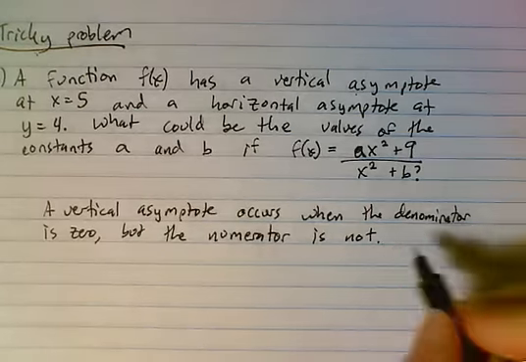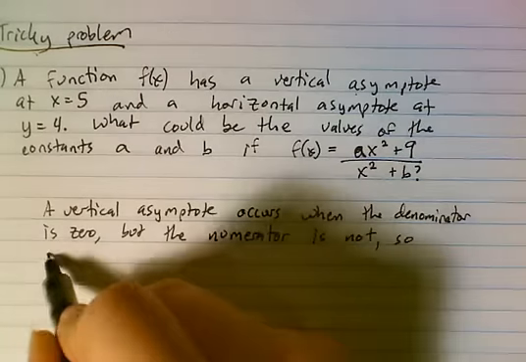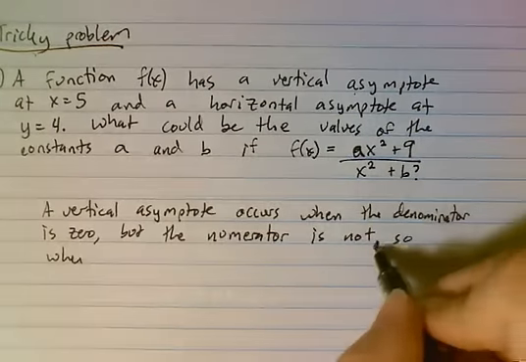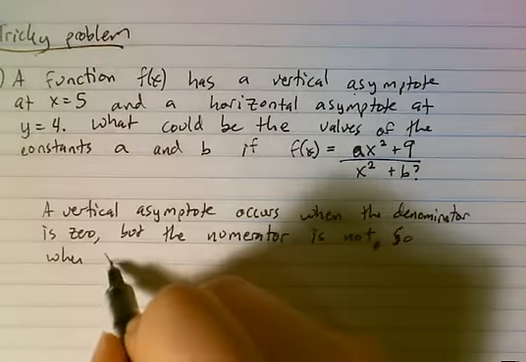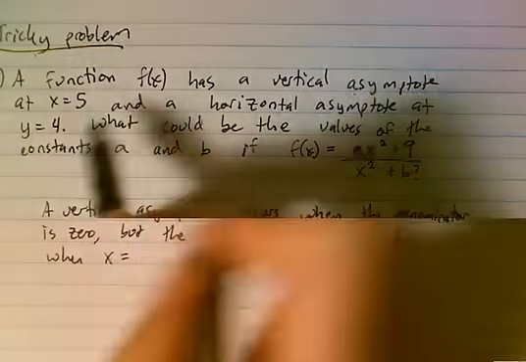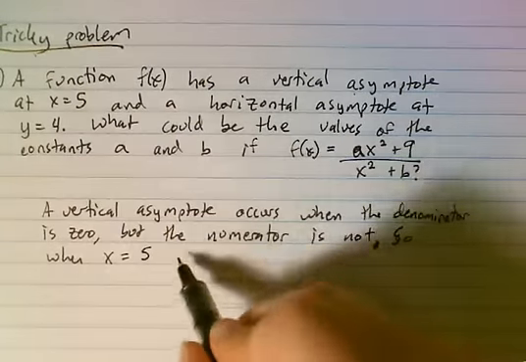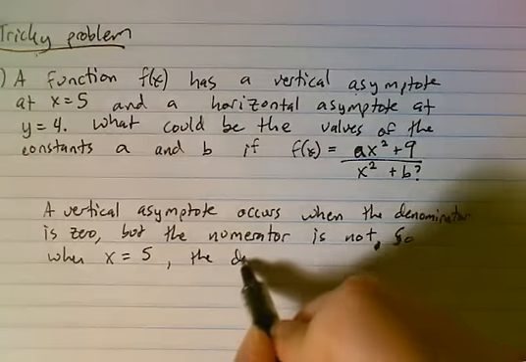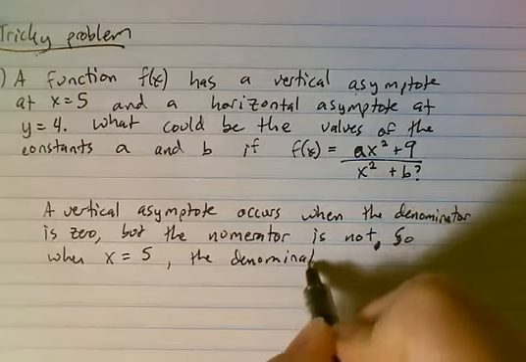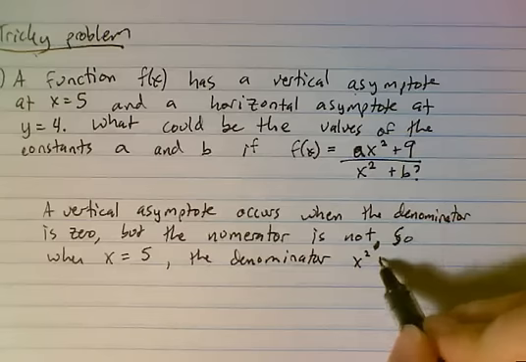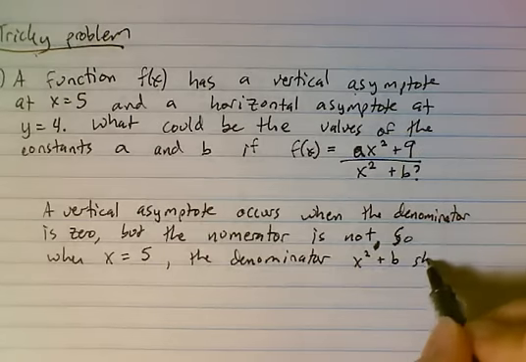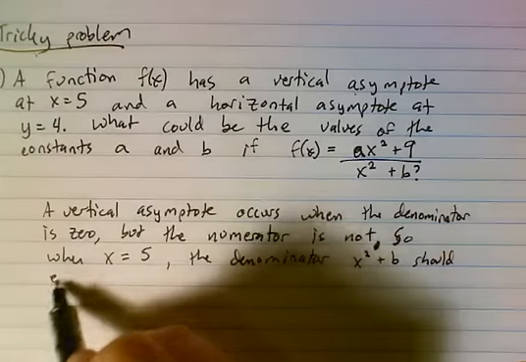So when x equals 5, because it says there's a vertical asymptote at x equals 5, the denominator, x squared plus b, should equal 0.